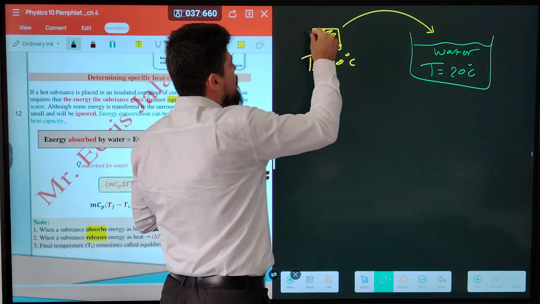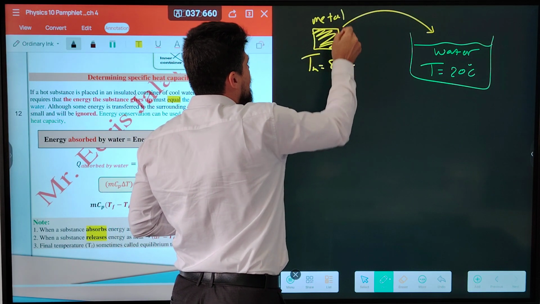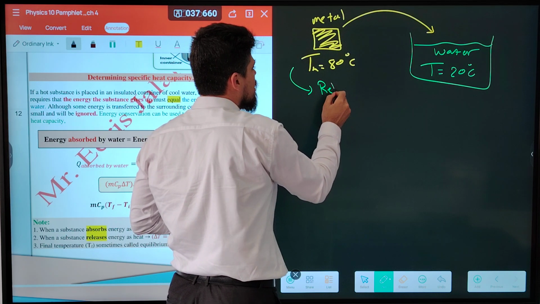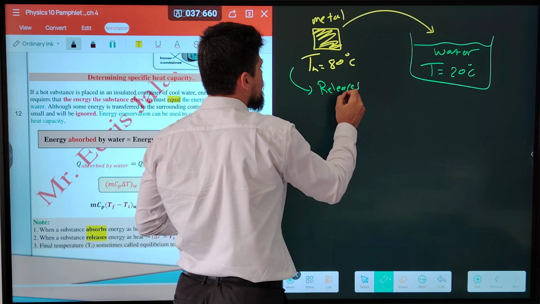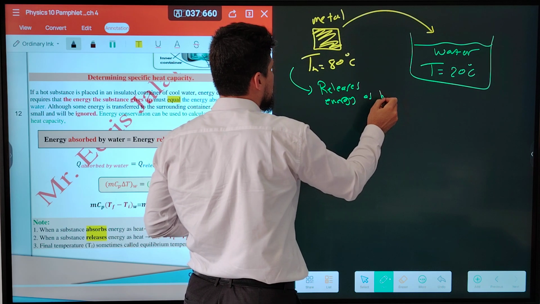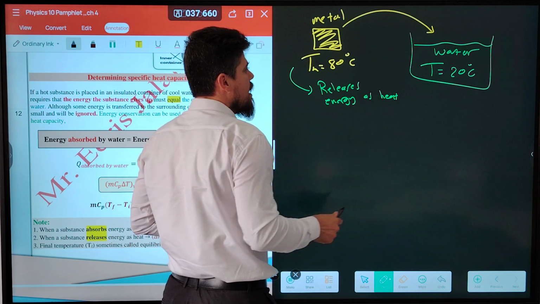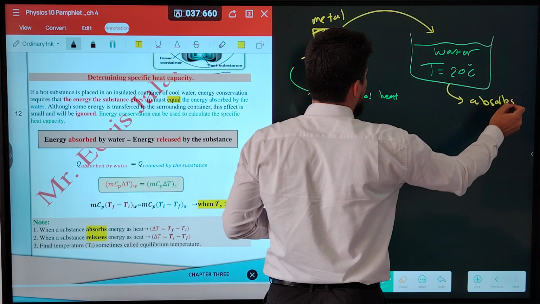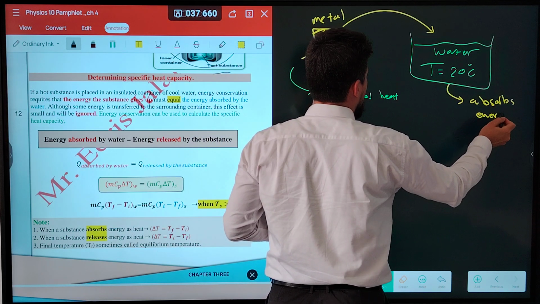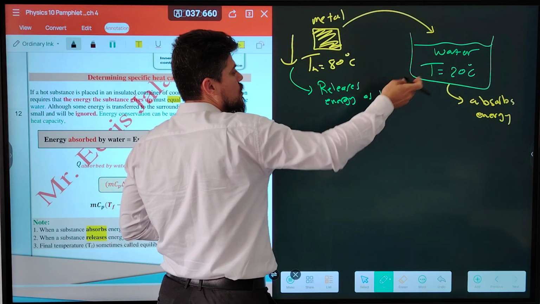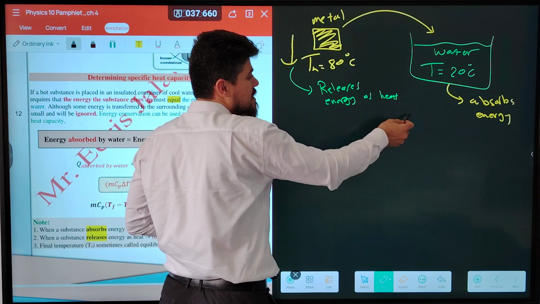So in this case, the metal releases energy as heat, but the water absorbs energy. The metal's temperature decreases when we put it into the water because it releases energy.